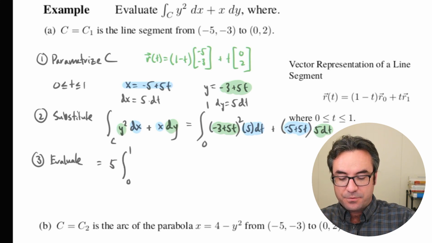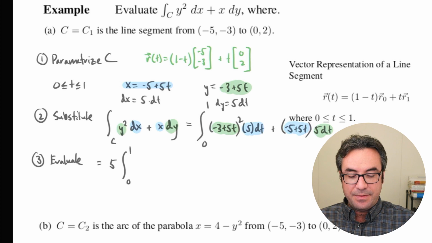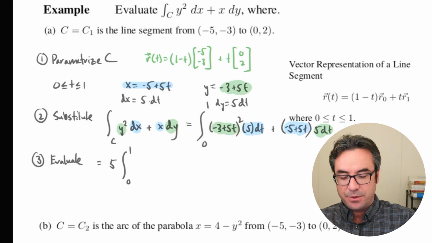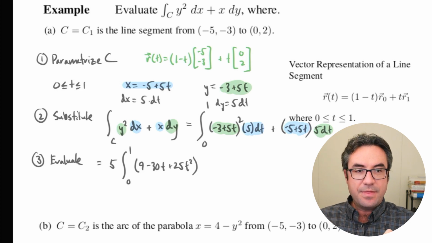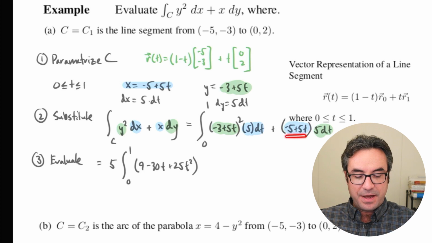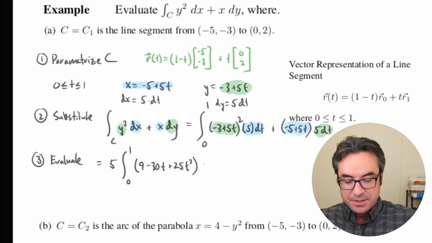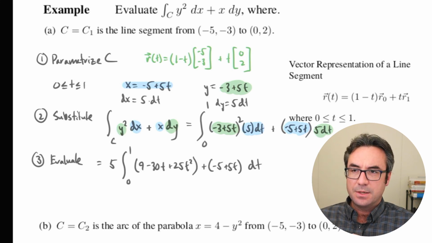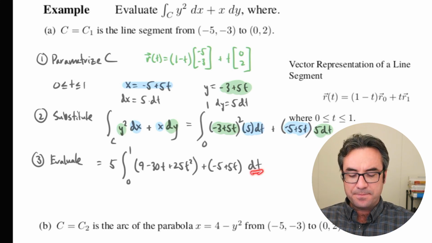Then we'll have the integral from 0 to 1. And then let's multiply out this negative 3 plus 5t squared. So when we do that, we get 9 minus 30t plus 25t squared. And then we have our negative 5 plus 5t term still being added in, dt. So now we just have 1 dt at the end here.